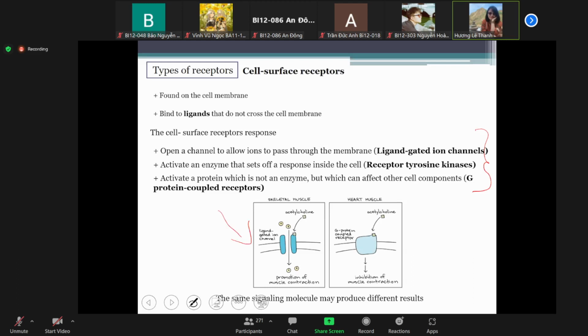For example, acetylcholine can open the channels, and in this case it promotes muscle contraction. Or, when it binds to the G protein, it can affect other cell components, so it can inhibit muscle cell contraction. So it depends on the way it binds to the receptor.